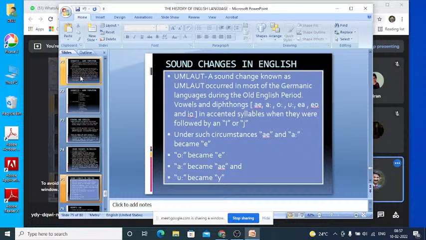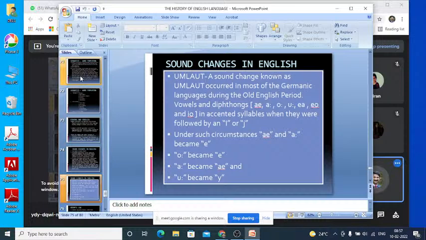Similarly, umlaut is a gradual process, and the change which began in the Old English period continues in the English language. When we find it taking place in a word borrowed from Latin, it indicates that the Latin word had been taken into English by that time.